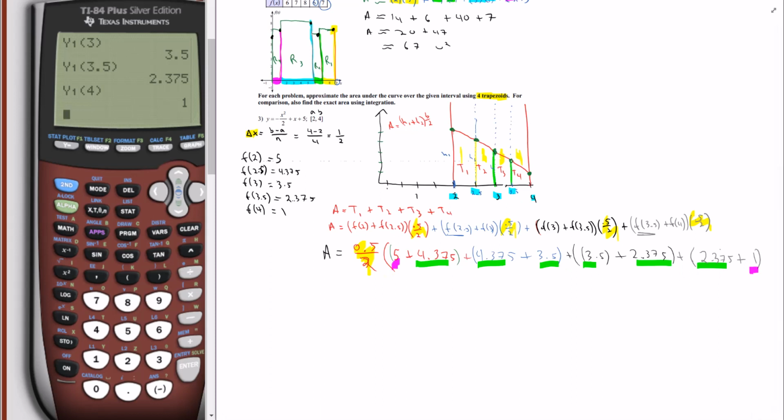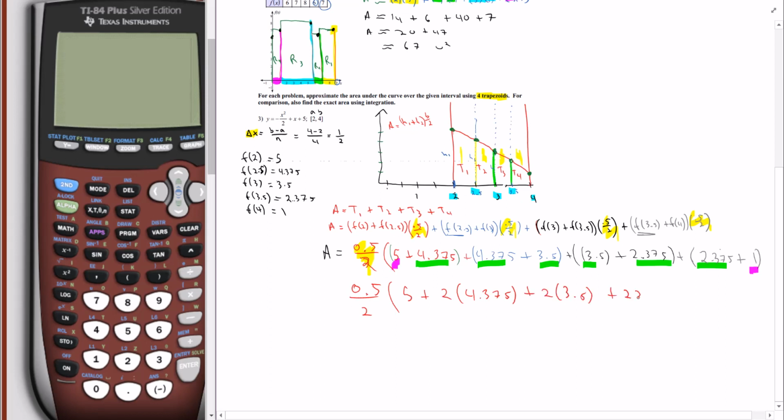So if you really wanted to, this is not something you have to do, but you could write: we have 2 of these 4.375s plus 2 of these 3.5s plus 2 of these 2.375s, and then just 1, 1 like that. That would make it easier. So let's go ahead and do this.